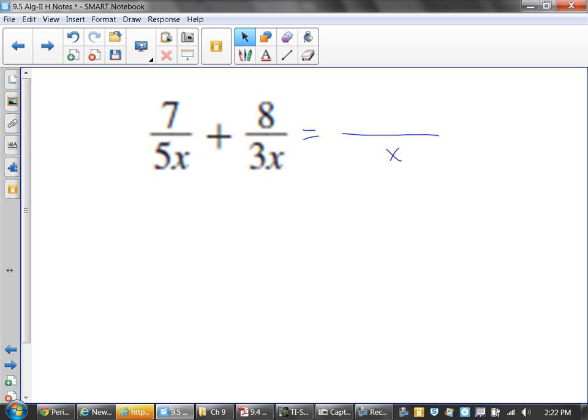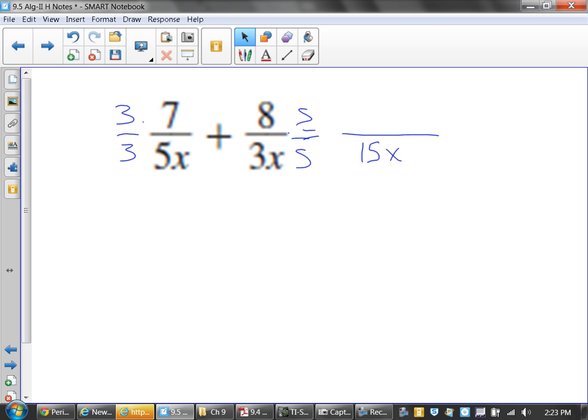I write it down. Now what's the least common multiple of 5 and 3? 15. Okay? My common denominator now will be 15x. What do I have to multiply 5x by to turn it into 15x? 3. So I just have to multiply this one by 3 over 3. Or I have to multiply the 3x by what to turn it into 15x? 5.